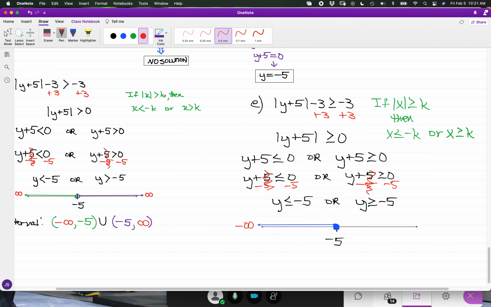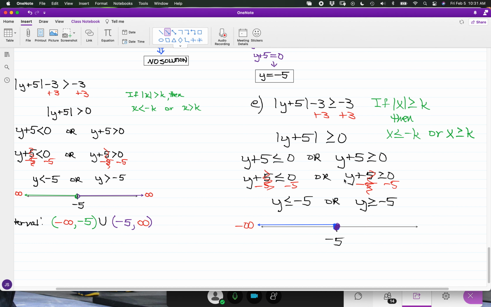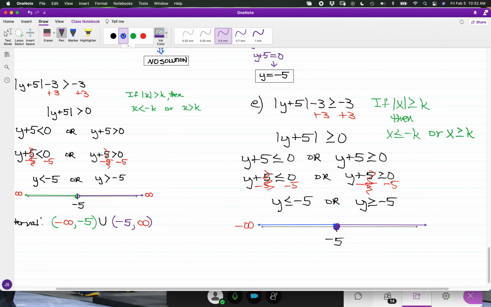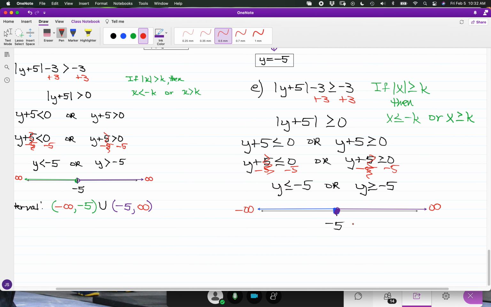And as for y is greater than or equal to -5, again you have a closed point, and we have a ray that's going to go continuously out to the right. So we have everything contained, and -5 is included.